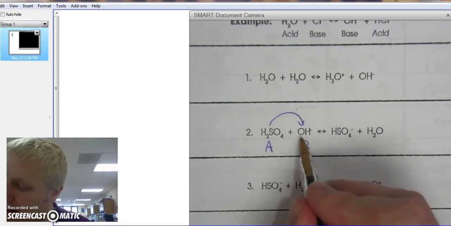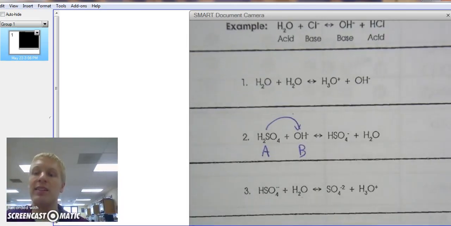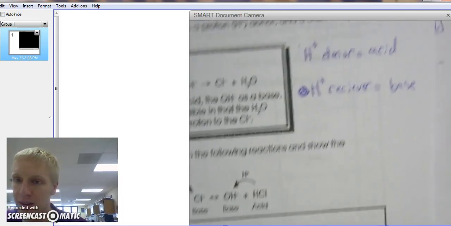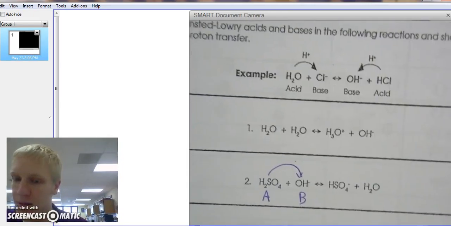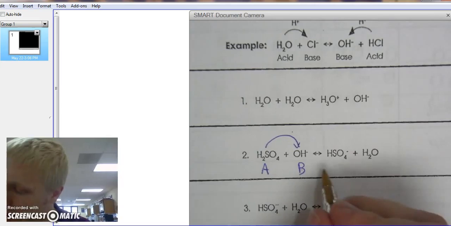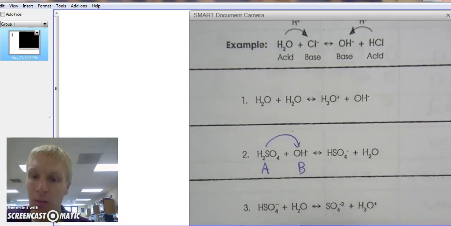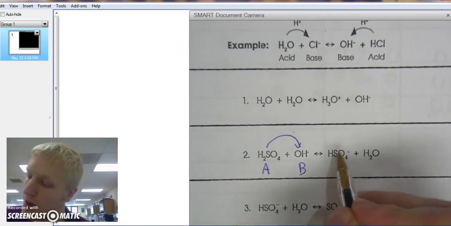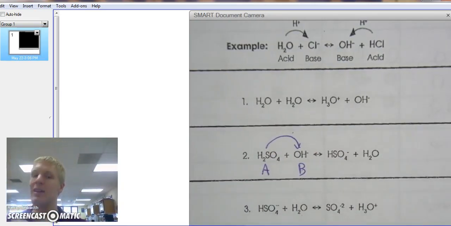But we can look at this. OH- turns into H2O. What needs to happen? It needs to receive an H+ to have that occur, and an H+ receiver is a base. Alright, so now there's an equilibrium arrow, so it can go both ways. So we have HSO4- turning into H2SO4. It needs to gain an H+ for that to happen.